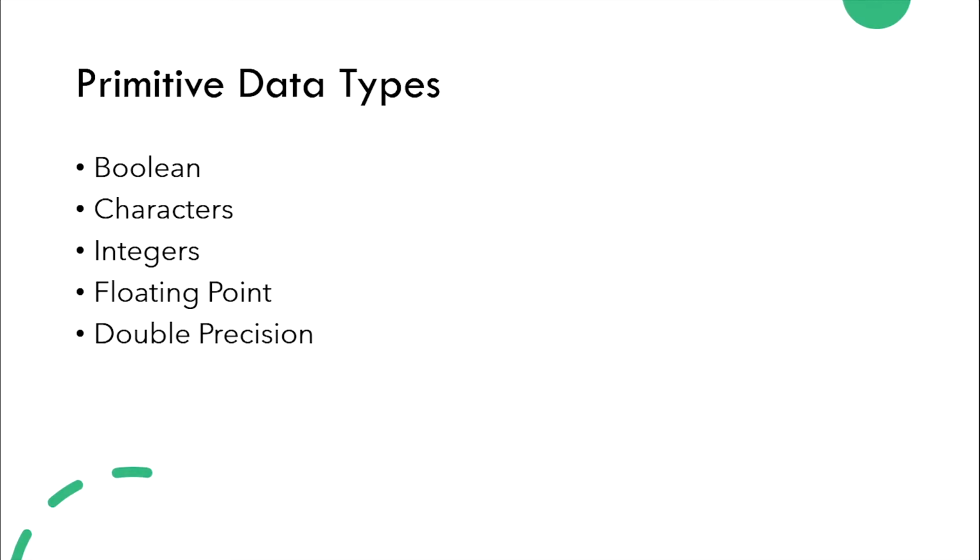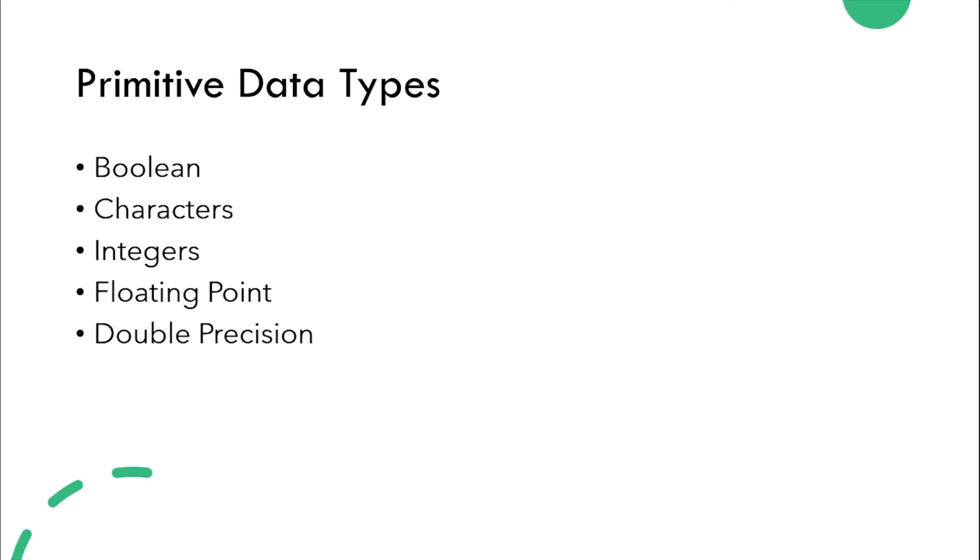C++ has multiple predefined variable types. And some of these primitive data types in C++ are as follows. We have Boolean data types that tell us whether something is true or false.